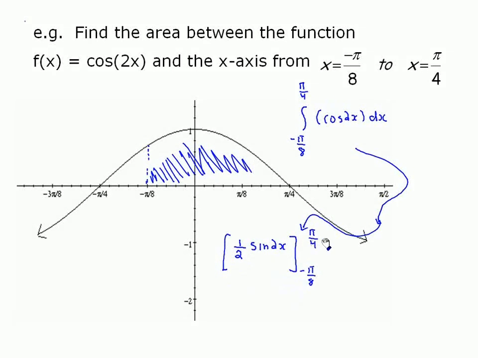So I'm going to get a bit more space and work this one out. But we substitute in the pi over 4 first off. So 1 over 2 sine of 2 times pi over 4 minus 1 over 2 sine 2 times negative pi over 8.